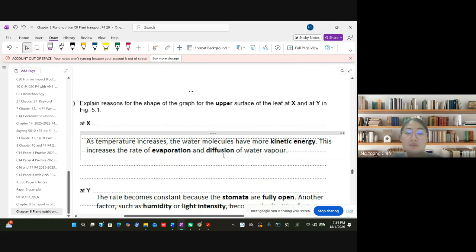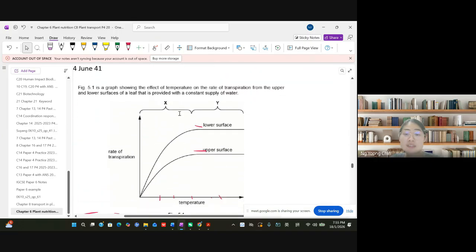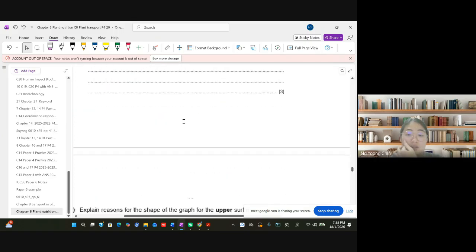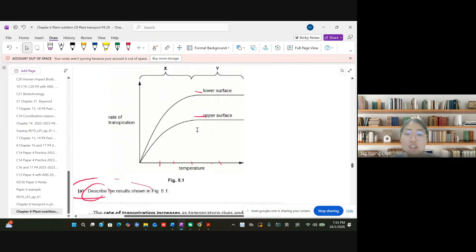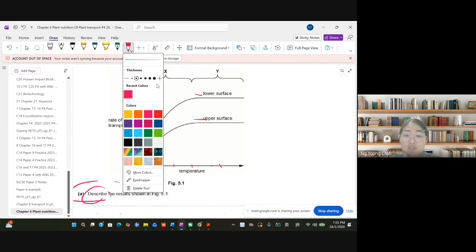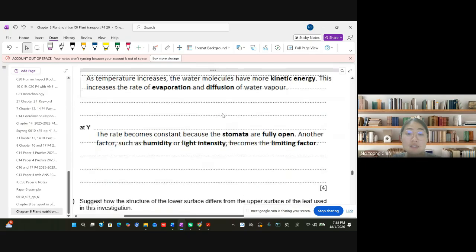Explain the reason for the shape of the graph for the upper surface of the leaf at X and Y. So you can see, initially it's in the X stage. In the X stage, the temperature is increasing and the rate is also increasing, until they reach the Y stage, where the rate of transpiration just remains constant.